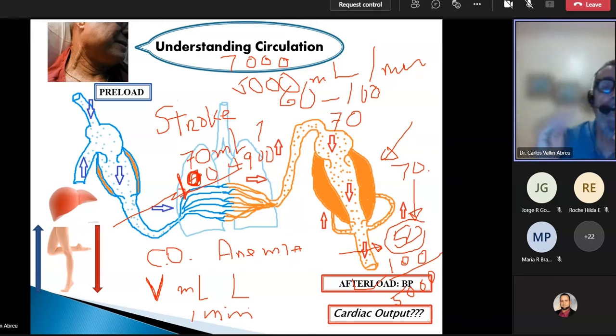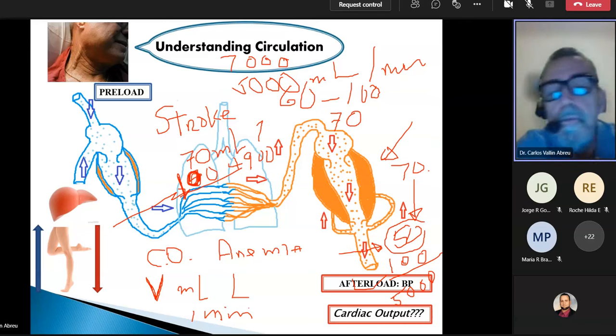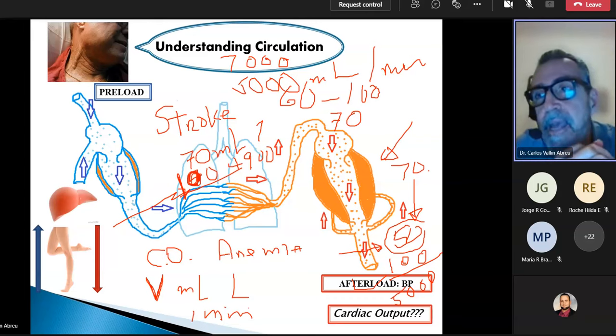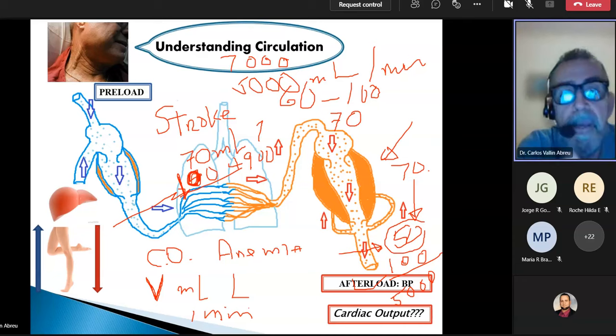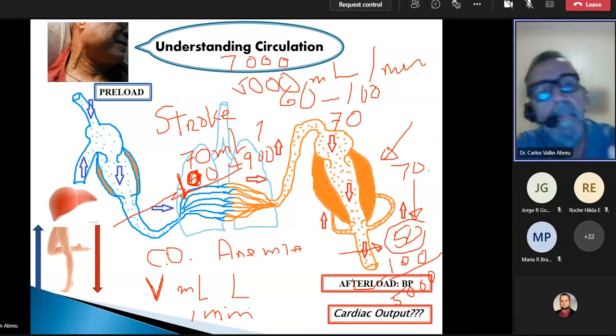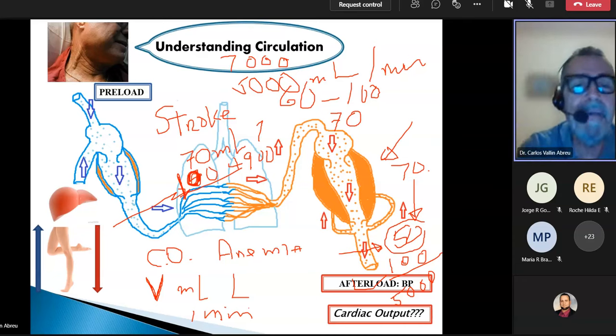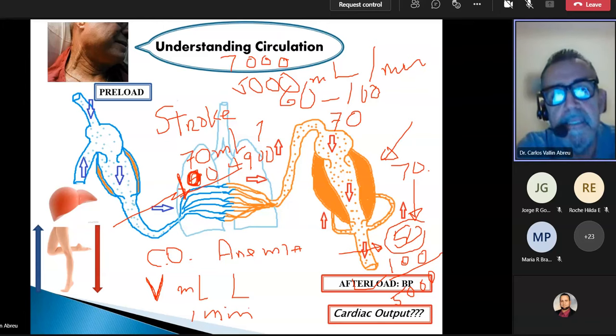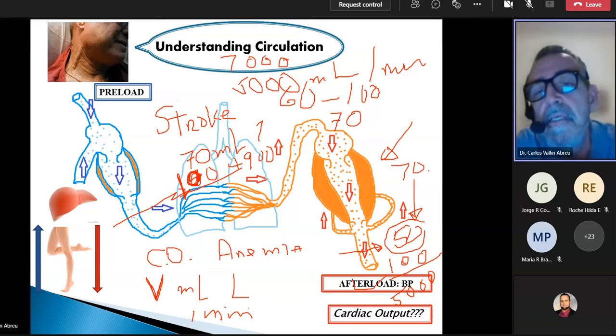Why? Because each time that the heart rate increases, the cardiac output will increase. By contrast, if they ask you how the cardiac output is in a patient with hypothyroidism, in which you expect bradycardia because the metabolic needs are decreased, then you are going to answer that the cardiac output is decreased.